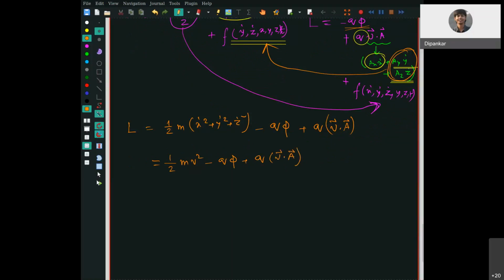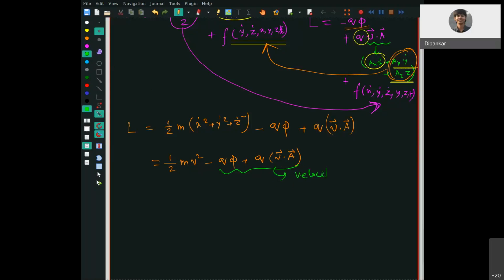So you now see that you cannot identify things as just T minus V. So T minus V is a bit obsolete, and if you identify this thing as your V, then it becomes a velocity dependent potential, and that's why we say the potential is velocity dependent.